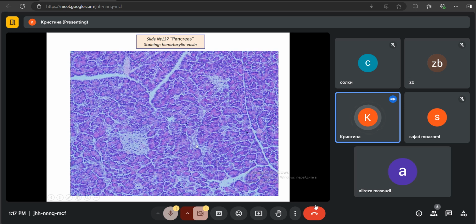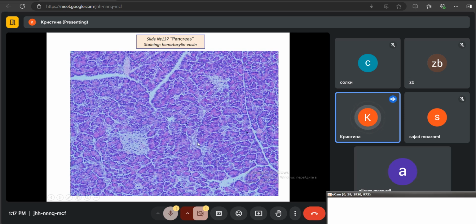This is the interacinar duct because it is very small. It is composed of simple cuboidal epithelium and it is not covered with rather thick layer of connective tissue. It is located just between the acini.